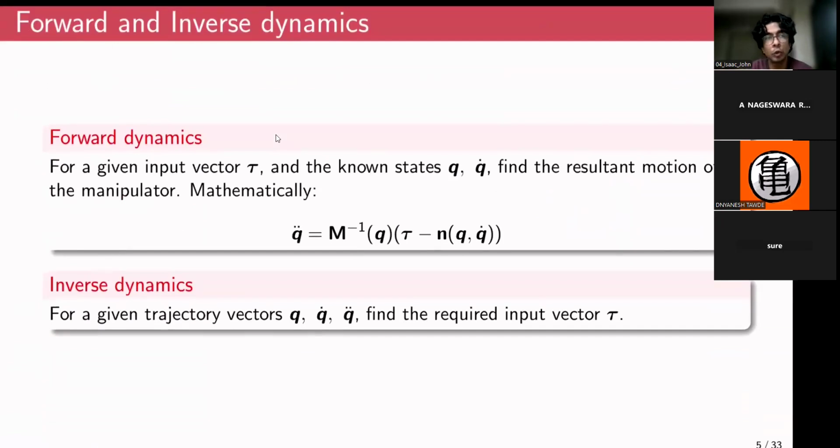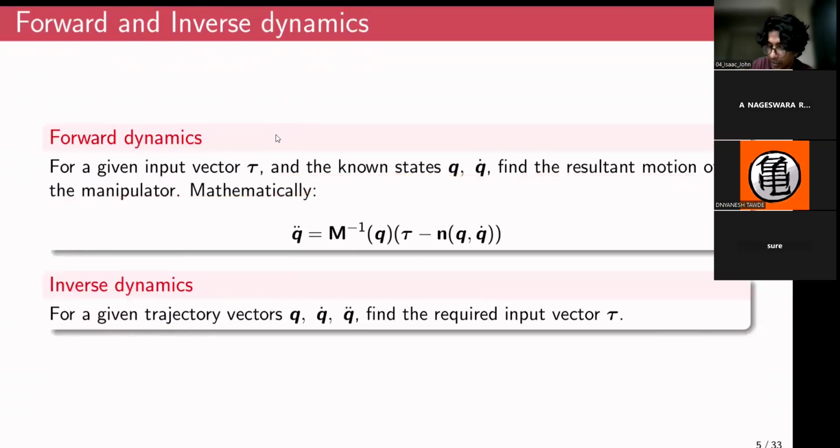And similar to the forward and inverse kinematics, we also have forward and inverse dynamics problems. In case of a forward dynamics problem, for a given input vector torque tau and the known states q, q dot, find the resultant motion of the manipulator, right?